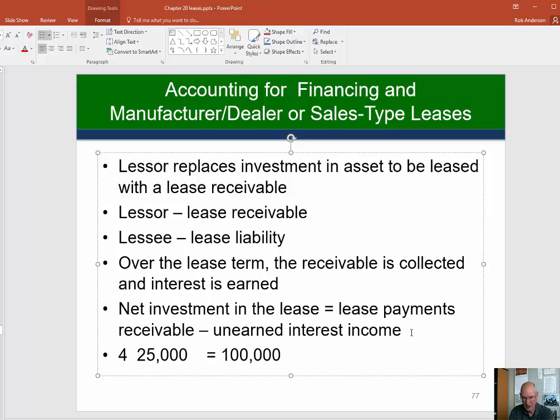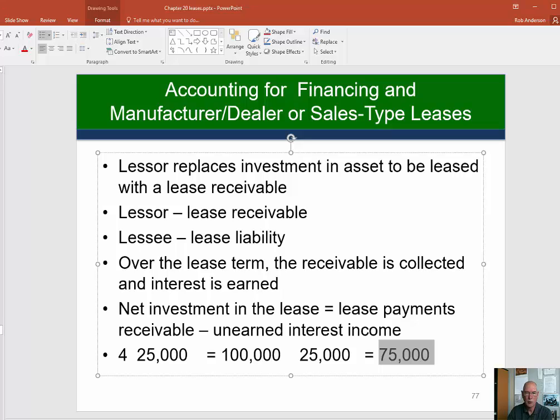So if we just said, let's say over the term of the lease, we're going to earn $25,000 of interest, then we would say, well, we have the net investment is the payments we're going to receive in full, less the unearned interest income at inception of the lease. It's all unearned. That means our net investment would be $75,000.